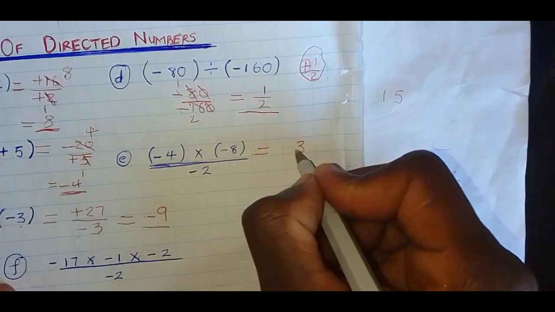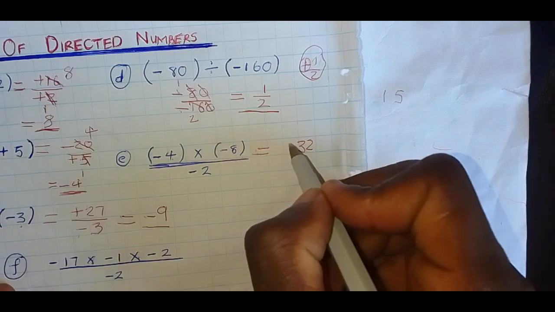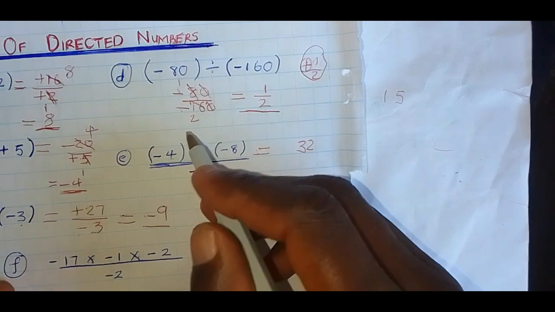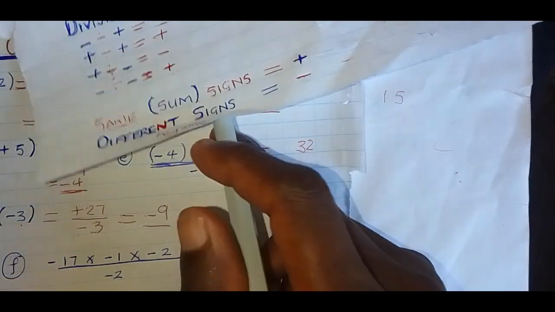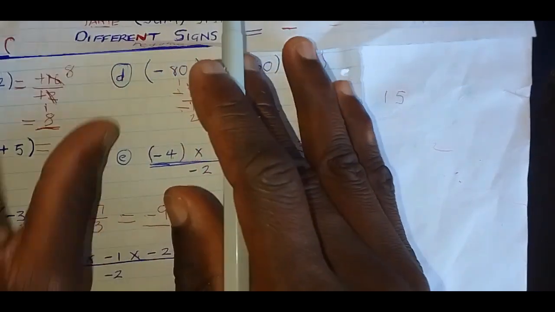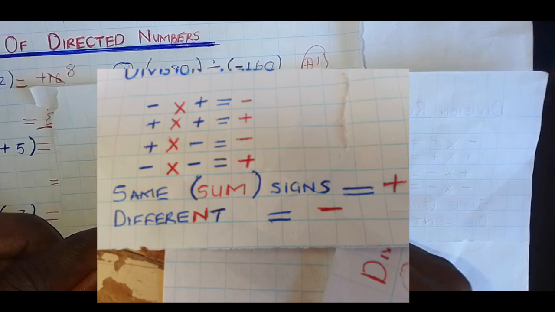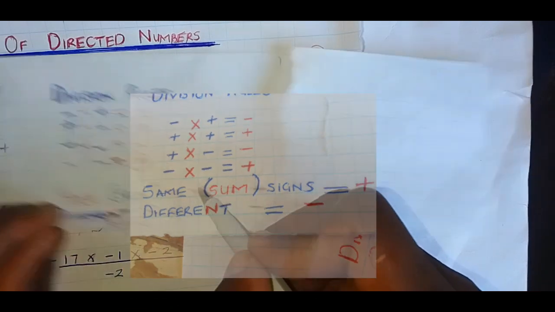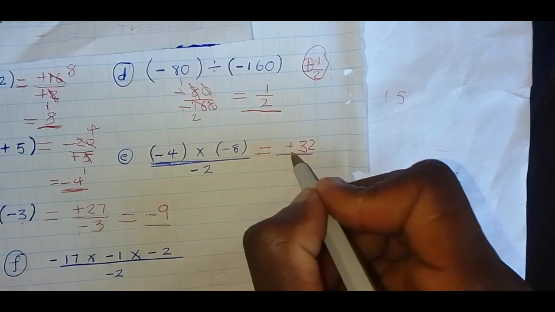That's 32, guys. Then let's now consider the sign of this result. We have multiplied a negative number by a negative number, so the result is going to be positive. So let's leave it as positive 32.